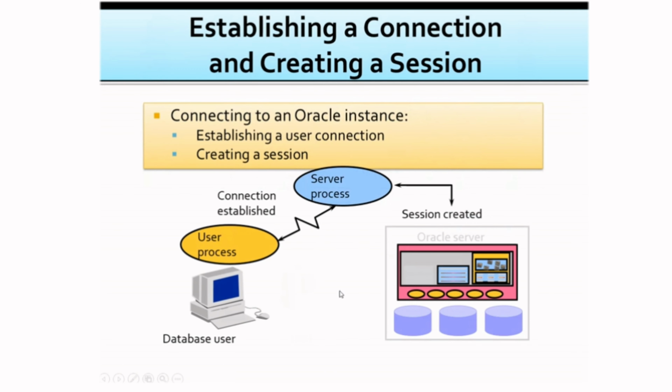Establishing a connection and creating a session: connecting to an Oracle instance, establishing a user connection, creating a session. What does that mean? In the database, the user process communicates with the server process, and the server process communicates with the Oracle server.